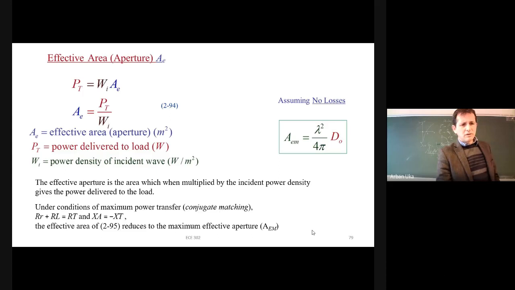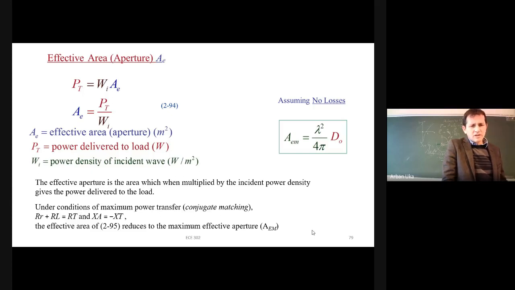And the power delivered to the antenna is equal to the power density of the incident wave, and the power density, we know what it is. It is proportional to the electric field squared. So if we know the electric field, we just calculate the square. That gives a power density, which has units of watt per meter squared.